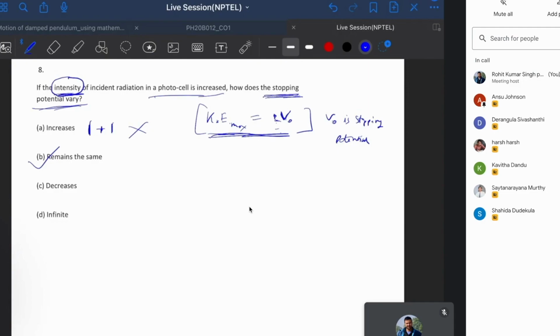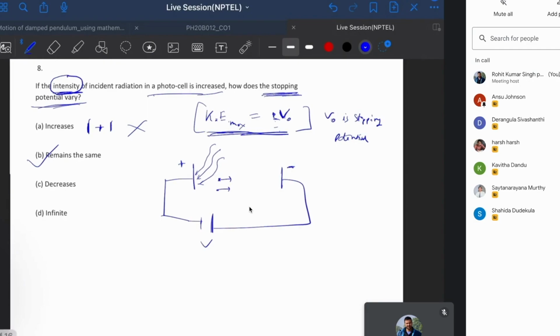Okay, I'll explain. So this is your beam that is incident on the metal plate, and here you have applied some potential V. And electrons are coming out, going towards the cathode.